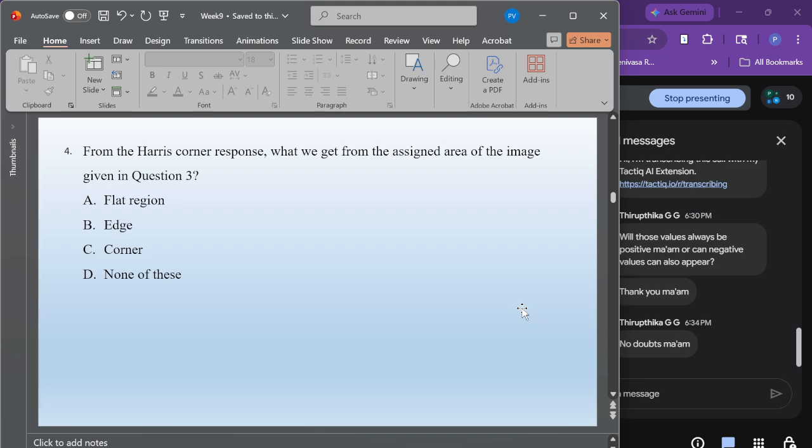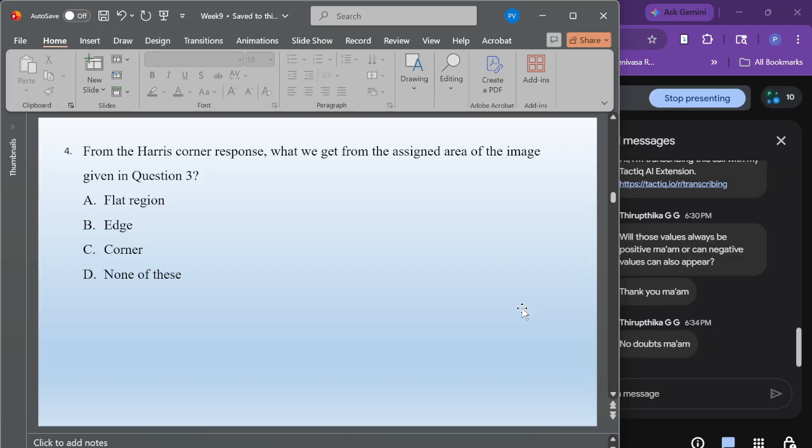Our next question is related to question 3 itself. From the Harris corner response, what do we get from the assigned area of the image given in question 3? Option A is a flat region, option B is an edge, option C is a corner, and option D is none of these.